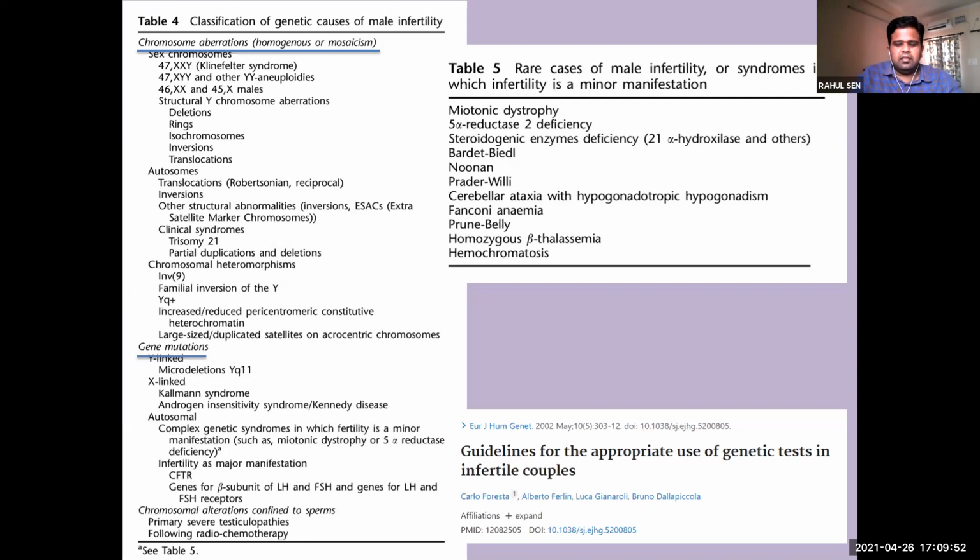These are defined in a paper published in 2002 in the European Journal of Human Genetics, which stated that these genetic defects can be seen with male infertility.